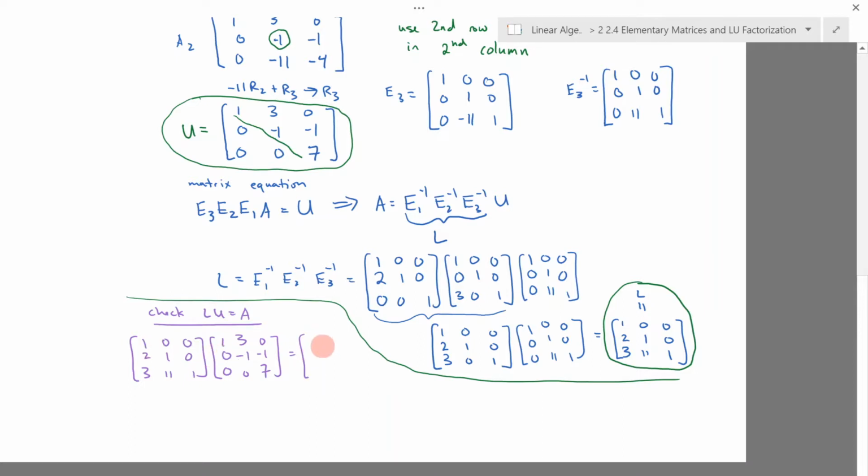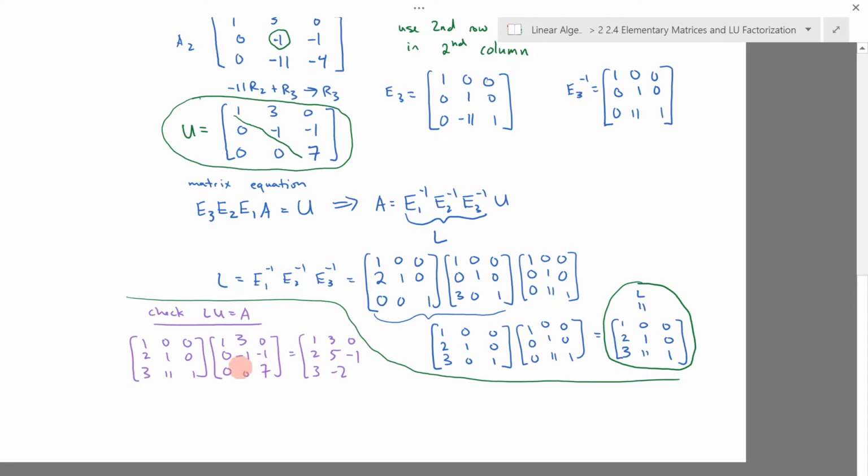Okay, so this just picks out the first row, so 1, 3, 0. Then this would be 2 here, and 6 minus 1 is 5. 0 minus 1 is negative 1. And this is a 3. 9 minus 11 is a negative 2.